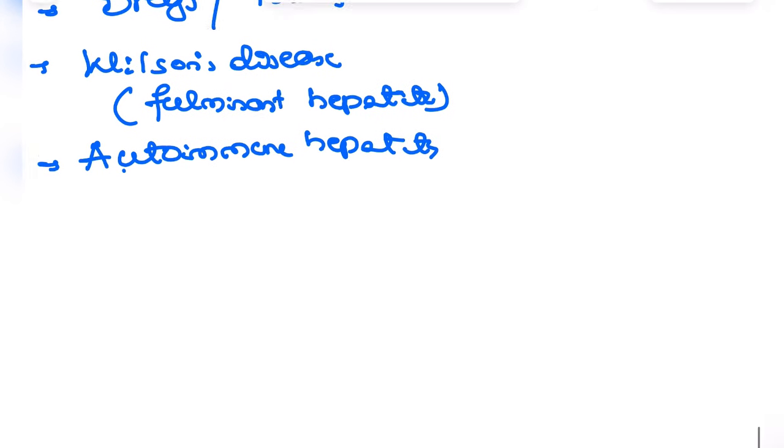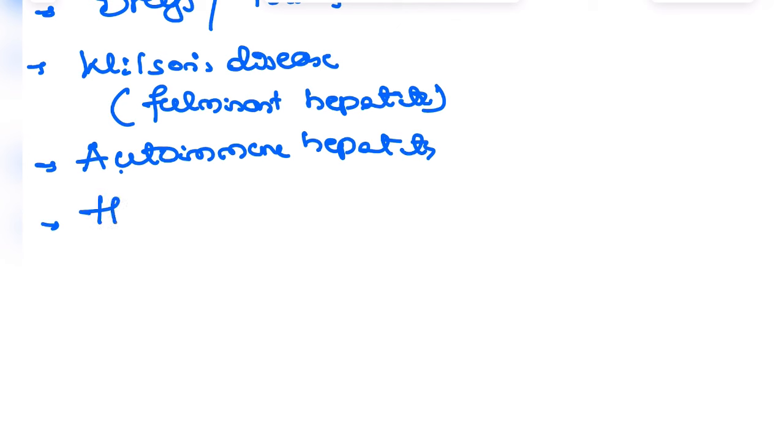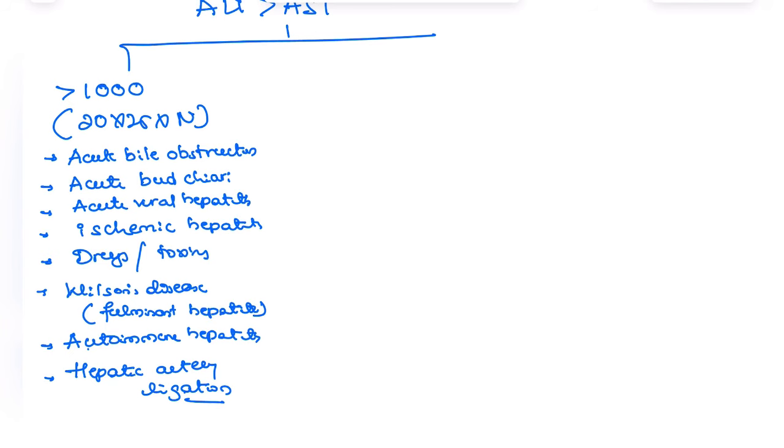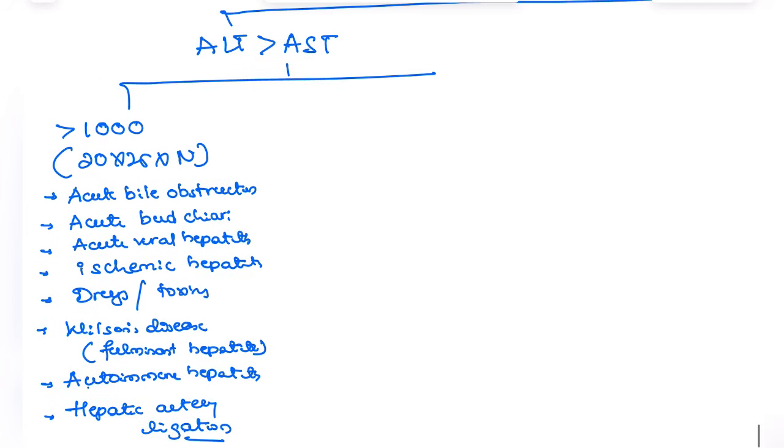One more condition I want to mention here is hepatic artery ligation. So these are the few conditions where you get raised ALT which is more than AST, with an acute severe rise in the levels, more than 1000 or 20 to 25 times normal. So: acute bile obstruction, acute Budd-Chiari, acute viral hepatitis, ischemic hepatitis, drugs, toxins, Wilson's disease, and autoimmune hepatitis. These are the conditions when ALT is more than AST and values are more than 1000, a severe acute rise.